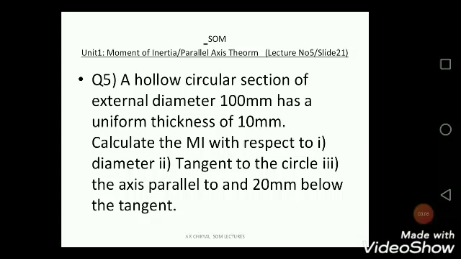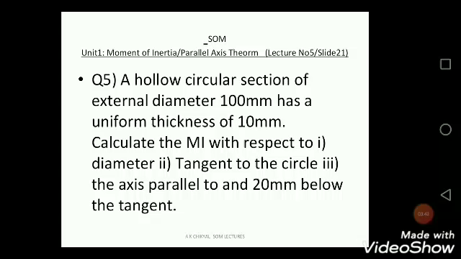plus A1 H1 square. I repeat, moment of inertia about tangent AB, that is IAB, is equal to (IXX1 plus A1 into H1 square), complete bracket, minus (IXX2 plus A2 H2 square), bracket 2.